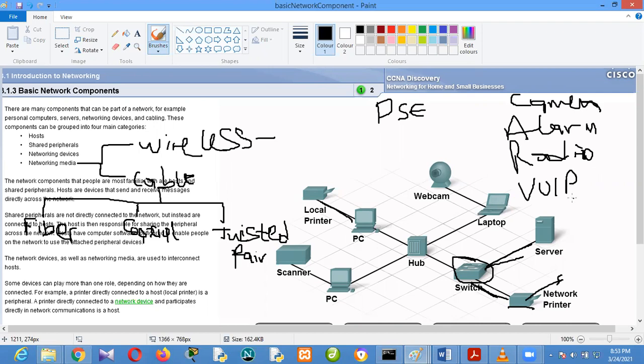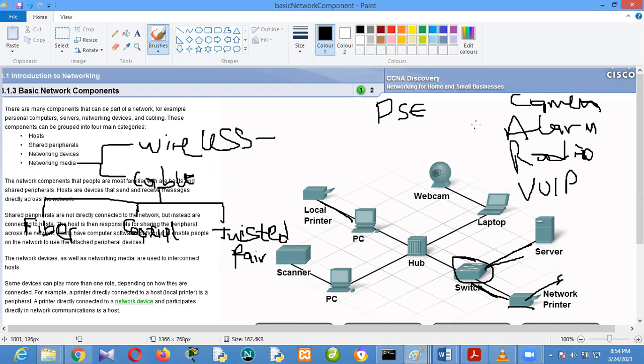I can't remember much more. Most of these gadgets now, the technology that is used to design them goes with PoE in such a way that when you mount a camera, you don't need to power it. It doesn't come with a power cable. The same goes with alarms and radios. Radios you see on the mast and voice over IP phones, they don't come with a power cable.